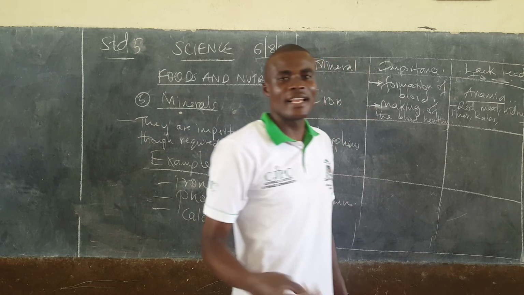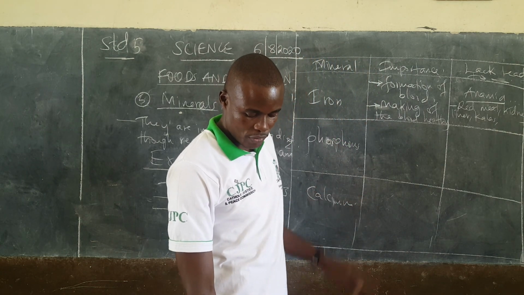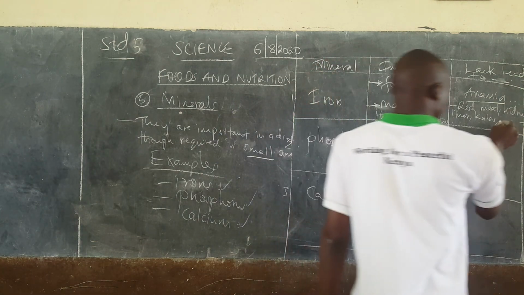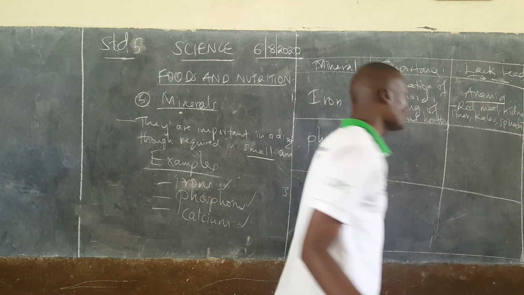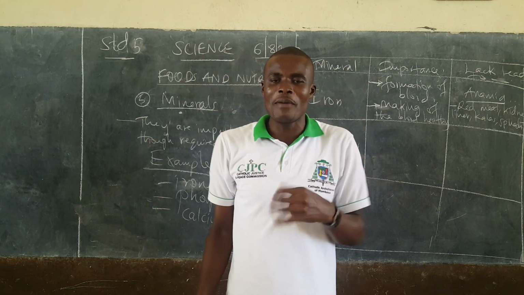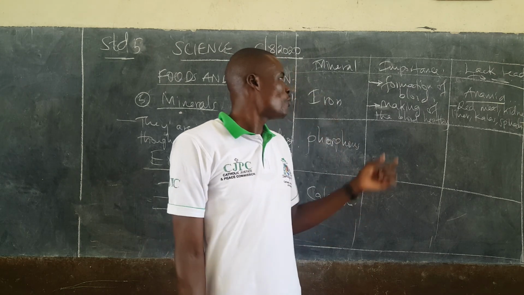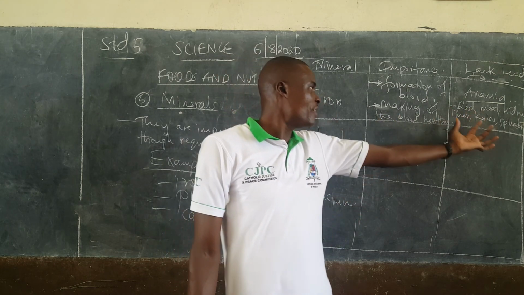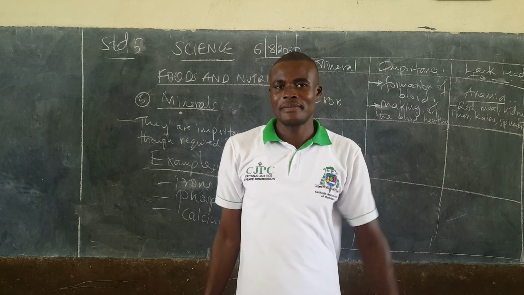Kales are simply green leaf vegetables. All green leaf vegetables fall there. You have kales and spinach. Those are the sources of iron. So if you want to add iron in your body, we should use a lot of red meat, kidney, liver, kales, and spinach.